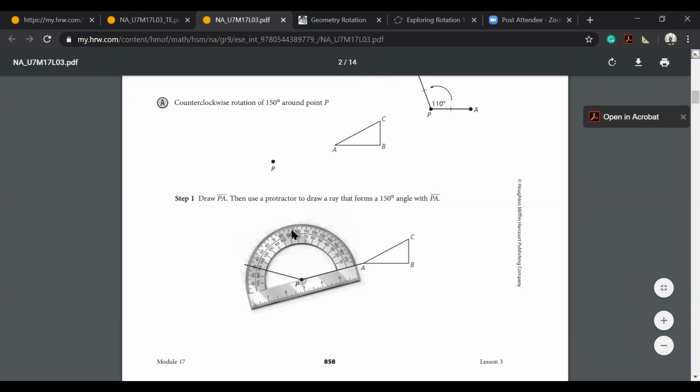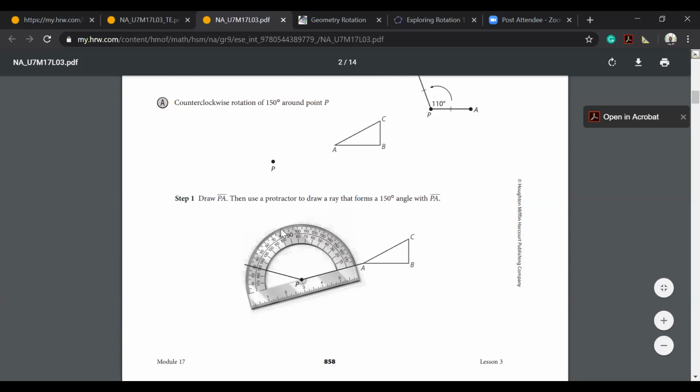If I put it upside down, if this protractor, instead of looking up here, was looking down in here, my triangle would land here. But my triangle rotated from here to here. Is this counterclockwise? No, this would be clockwise. That's why the protractor will always have two ways, either facing upward or facing downward.